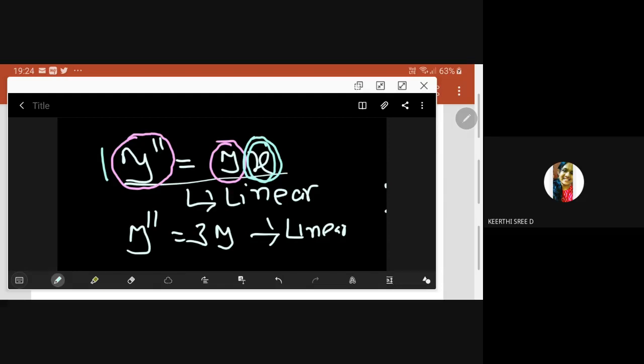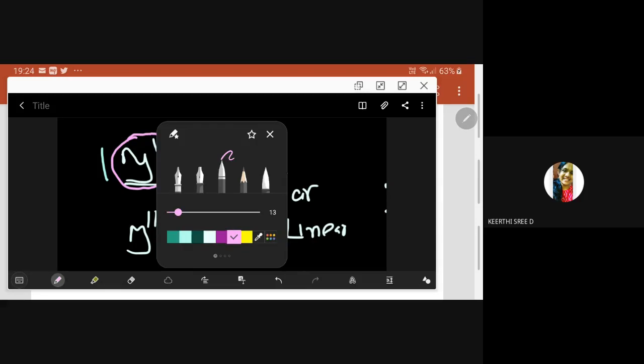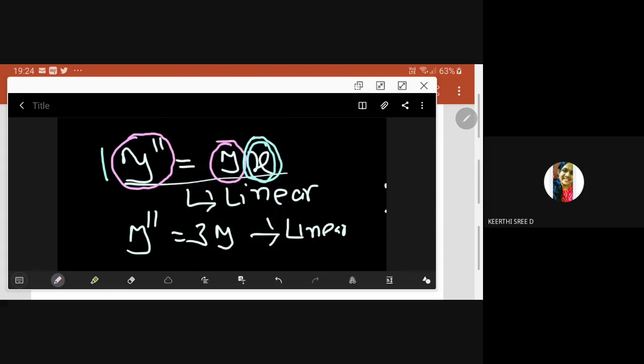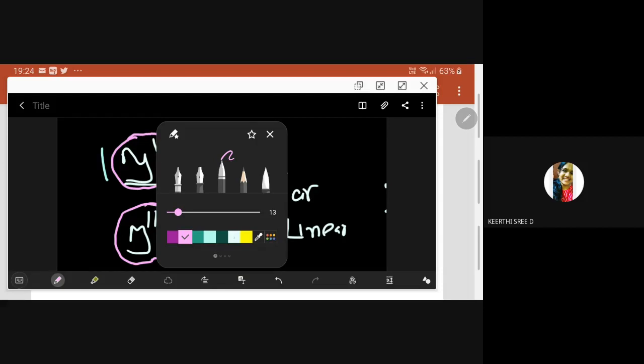When we come to the second example, there are two terms here. One is this term and the other is this term. In the first term there is y.